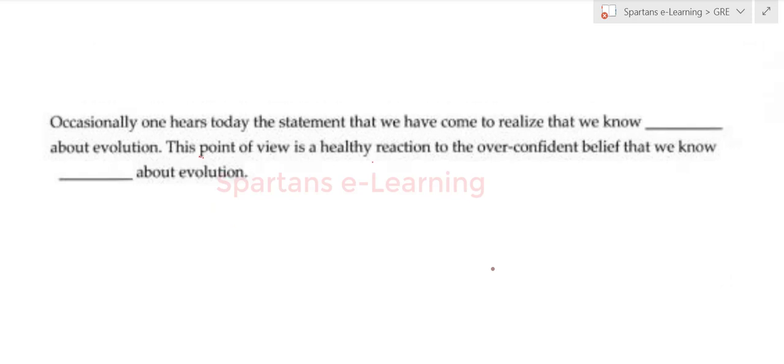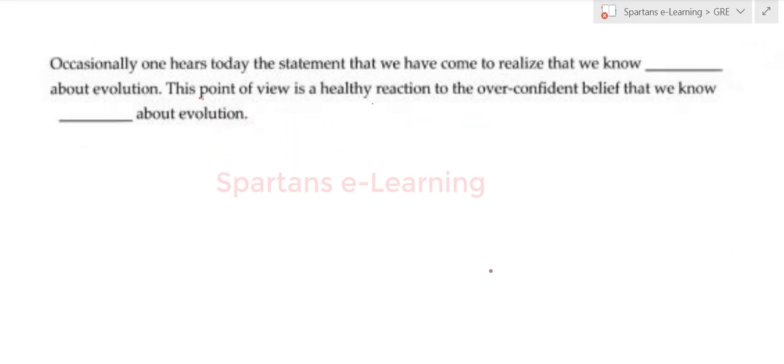Occasionally one hears today the statement that we have come to realize that we know dash about evolution. This point of view is healthy reaction to the overconfident belief that we know dash about evolution. Now see here, occasionally one hears today the statement that we have come to realize that we know dash about evolution. So reading till here is not actually giving us any clue, right?